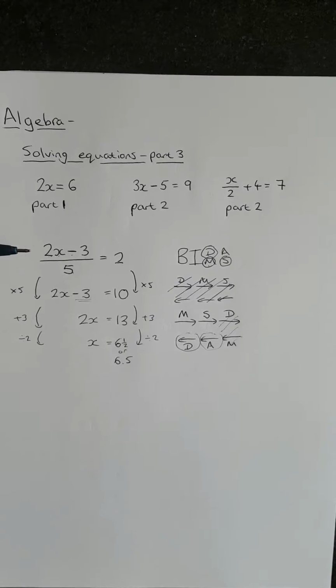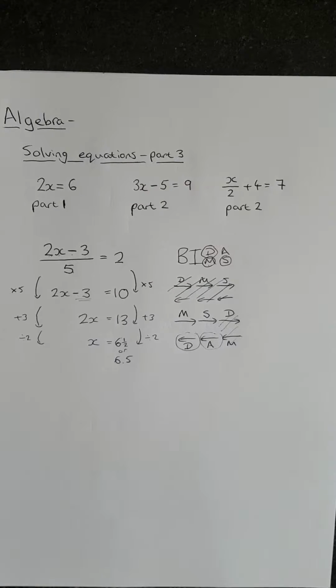And a reminder that because everything on the numerator was divided by 5, the divided by 5 was the last operation that was done. Let's look at another similar looking equation where the divided by 5 was not the last operation done.